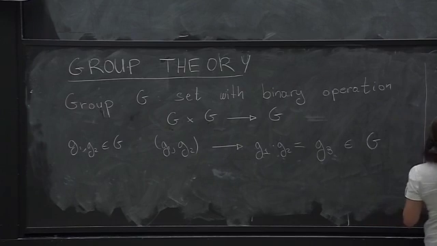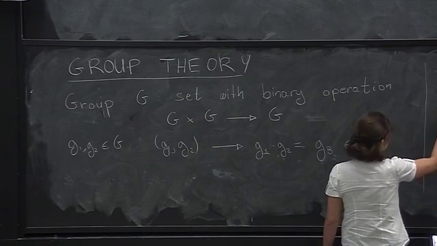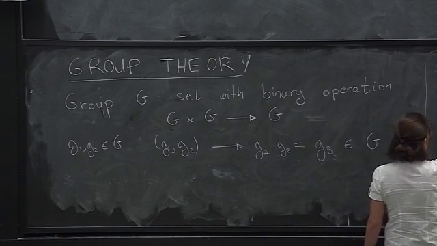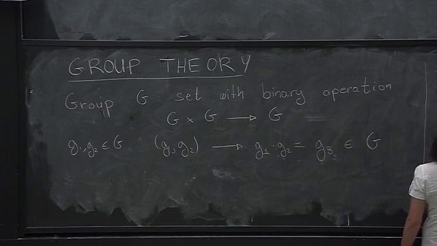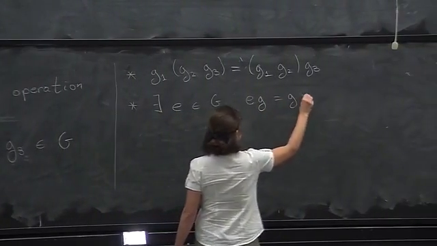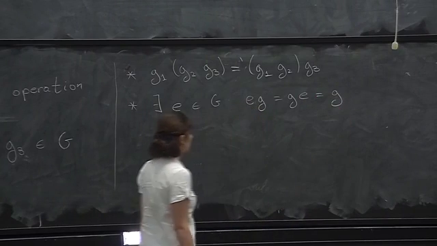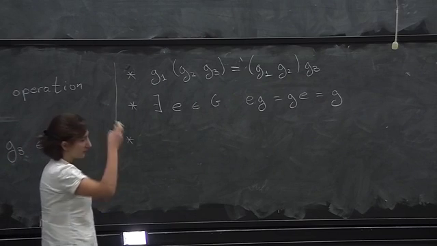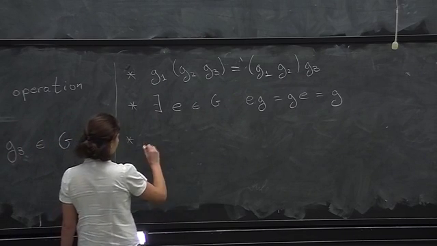It should be associative. We should have an identity element in our group that we usually write as E. And for every element in the group, its inverse should also be an element of the same group.